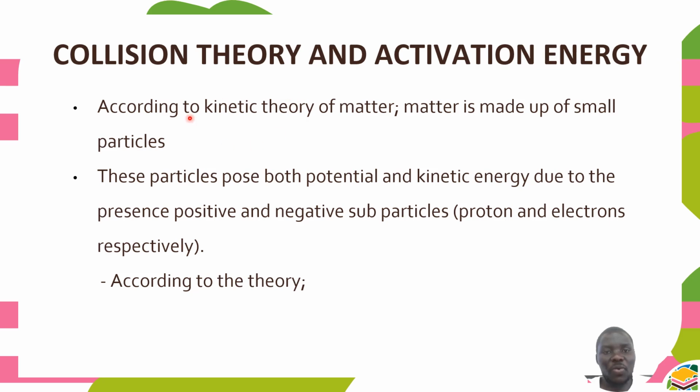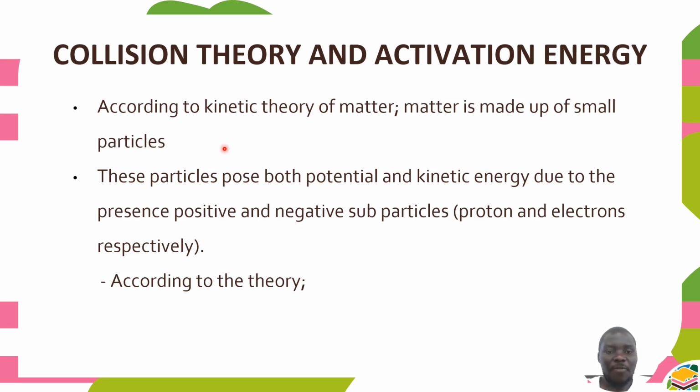Before we look into collision theory, we have talked much about energy. Where does this energy comes from? So according to kinetic theory of matter, matter is made up of smaller particles, which are known as atoms. So those atoms possess positive and negative subatomic particles, that is protons as well as electrons in their nucleus and energy level respectively.